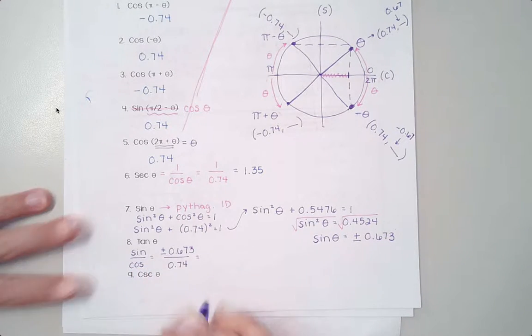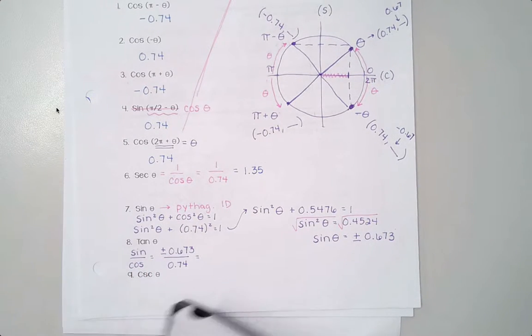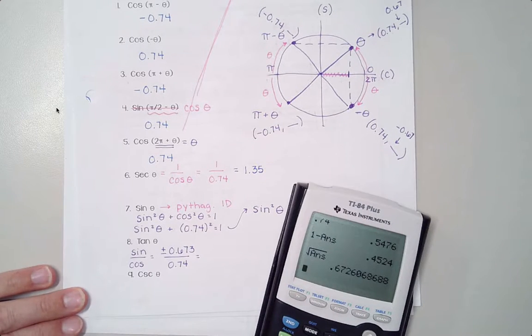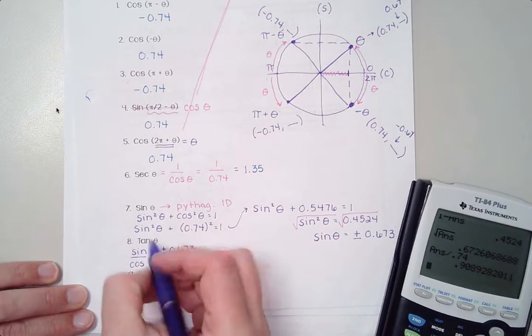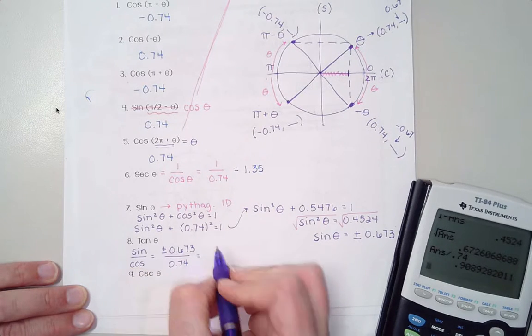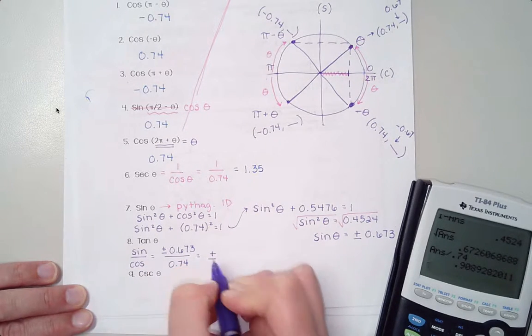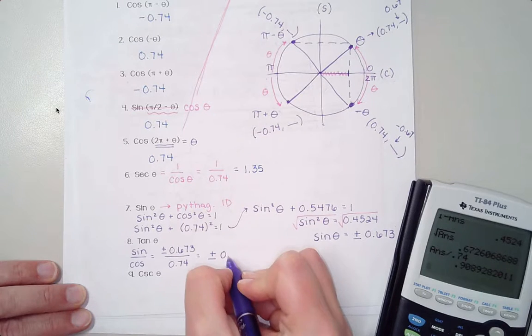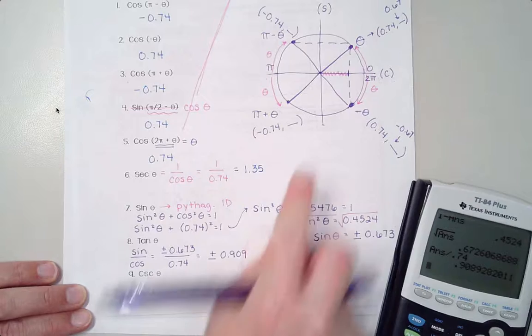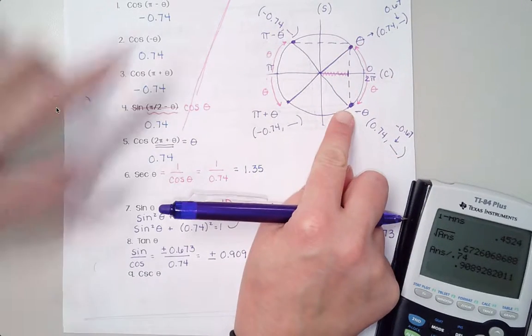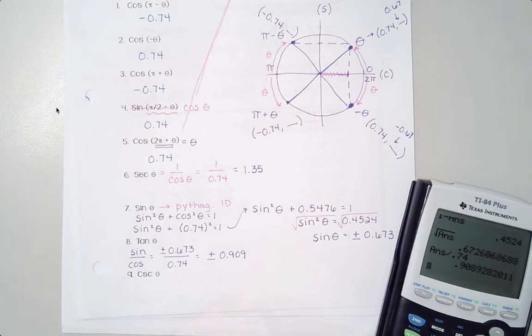So really what I'm going to do here is just divide those two decimals. I'll leave it in here from before, and I'm going to divide by 0.74. And I get 0.909. But because of this plus or minus right here, my answer is also going to be plus or minus 0.909. And again, the reason I'm getting that plus or minus is I could be looking at this angle or this angle based on the given information at the top.